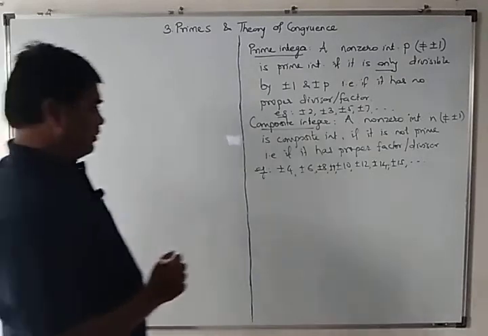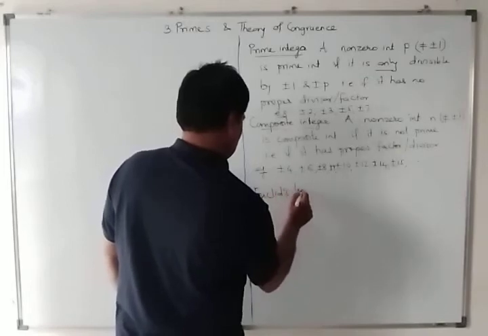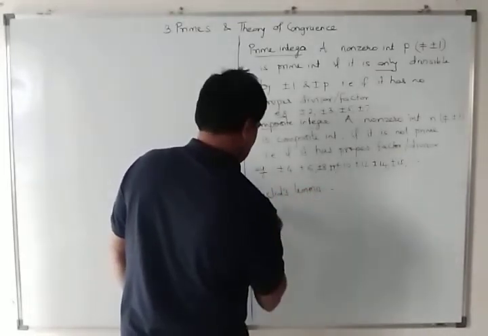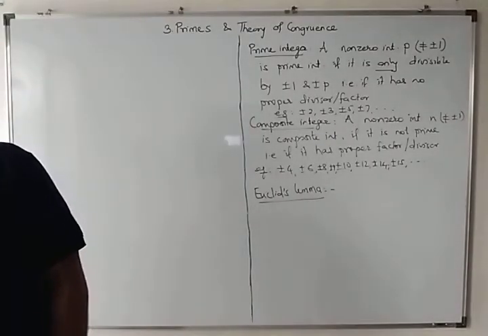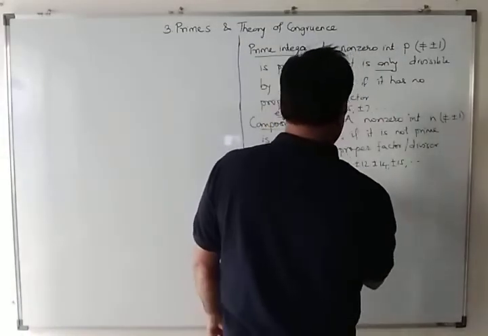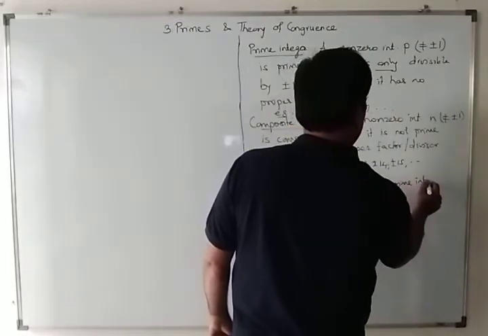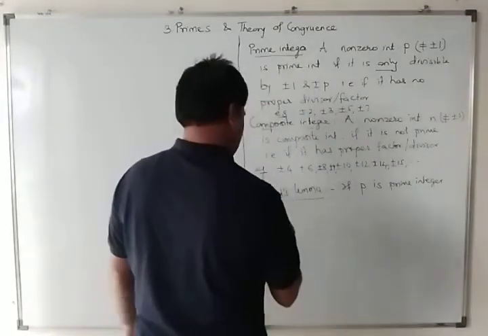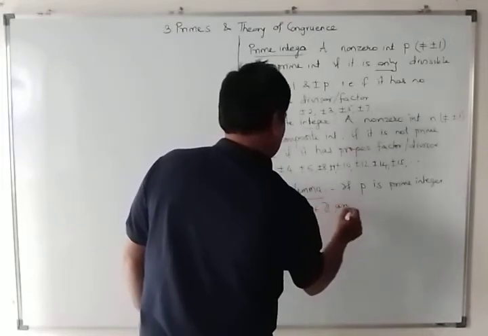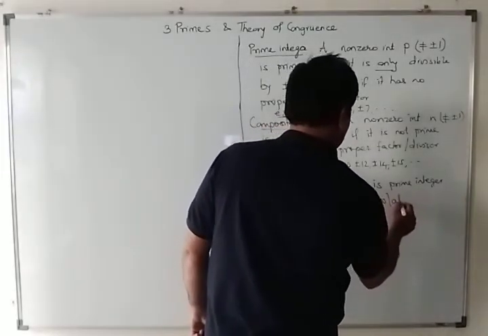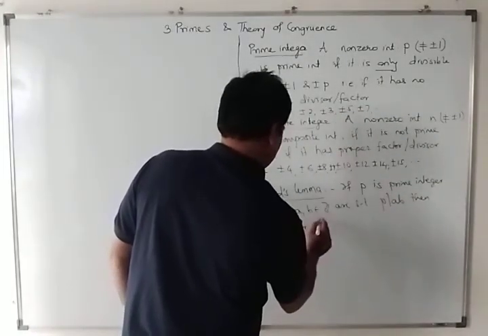Now we'll take Euclid's lemma. If p is a prime integer and a, b belong to Z are such that p divides ab, then p divides a or p divides b.